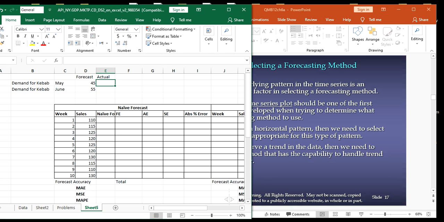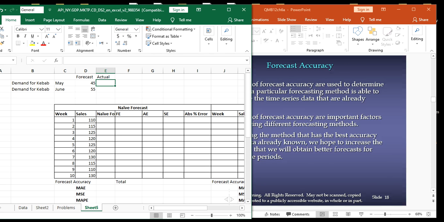Then after we get to July, we analyze whether we were correct in our forecasting or not, okay. The actual sale of this store was 40 million, but the actual sale in June was 60 million, okay.